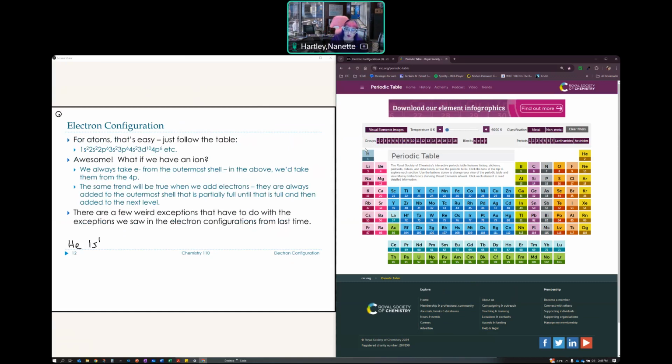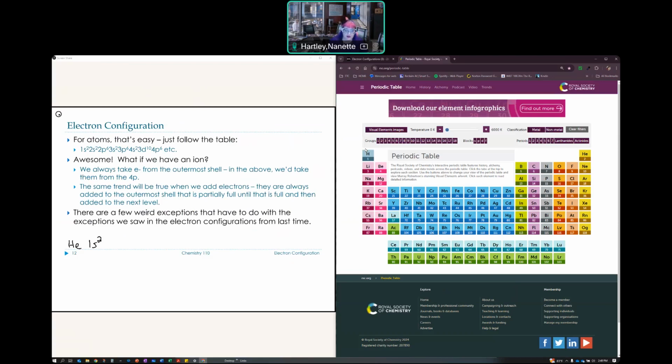Helium is in that first row, so we're just still talking about 1. It's still an S-type orbital, so it's still 1s. How many electrons are in it? Well, there's 2 electrons I need to account for, both of which can go in that S-type orbital. So instead of having 1 here, we'll have a 2. That's helium.